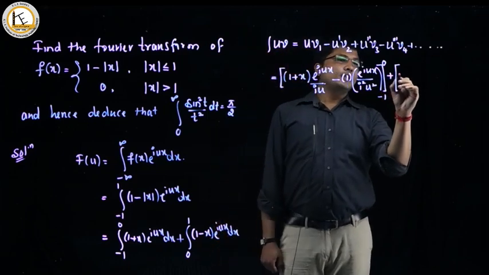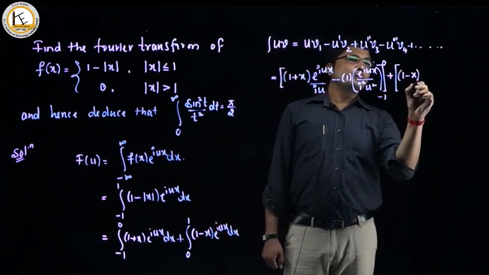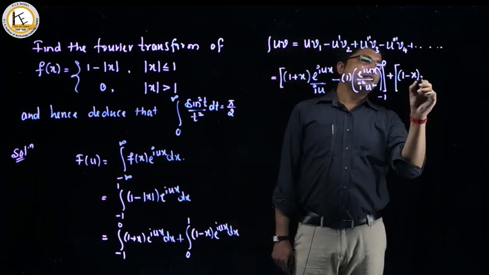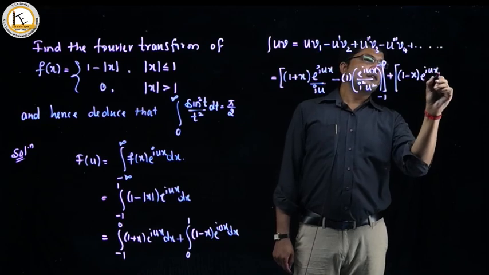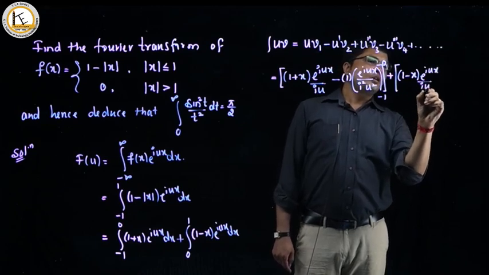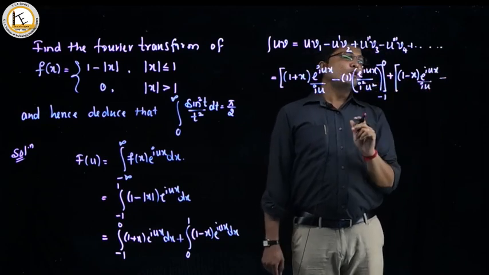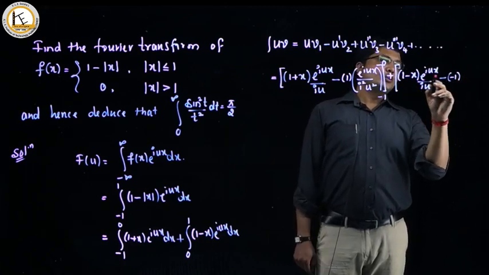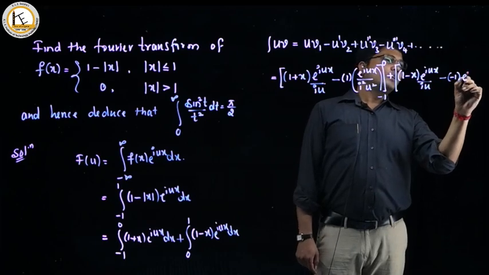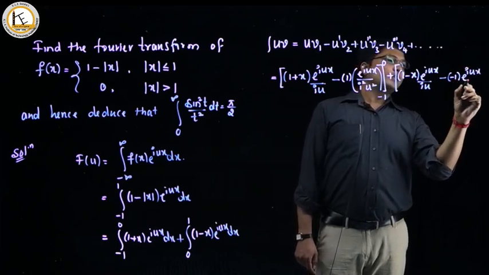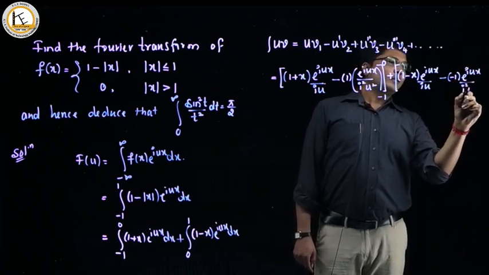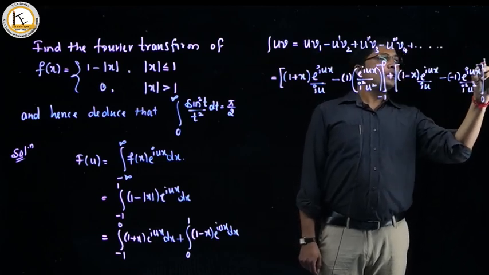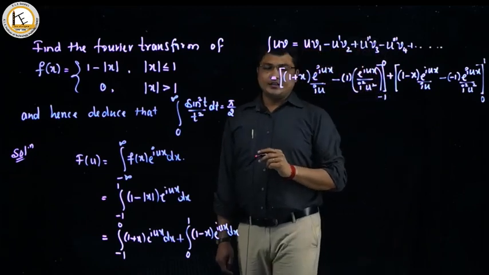So 1 minus x as it is, that is u, integration of v, that is e raised to iux, is e raised to iux divided by iu, minus derivative of 1 minus x, which will be minus 1, and integration of e raised to iux by iu will be e raised to iux divided by i square u square, and complete the bracket and apply the limit 0 to 1 here.